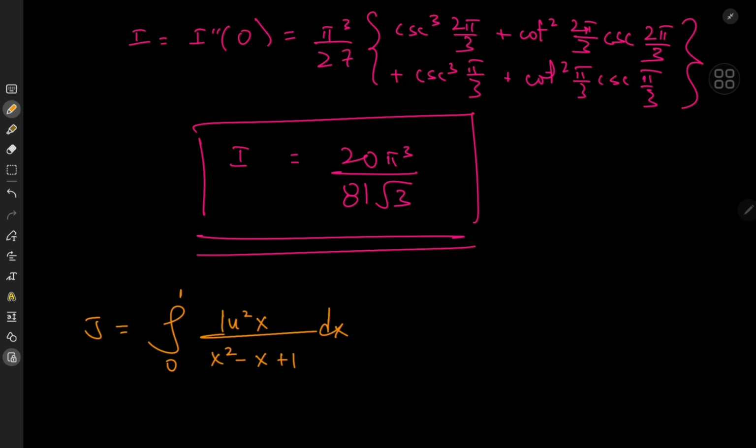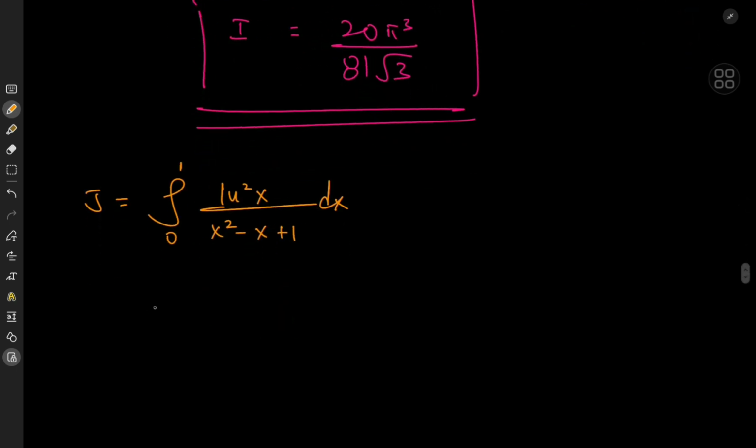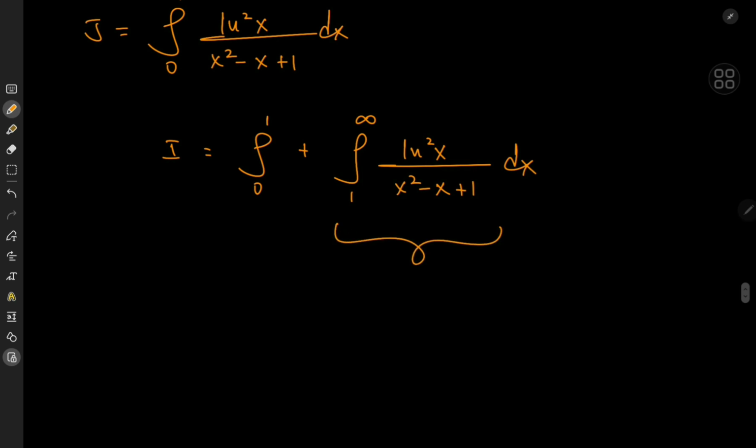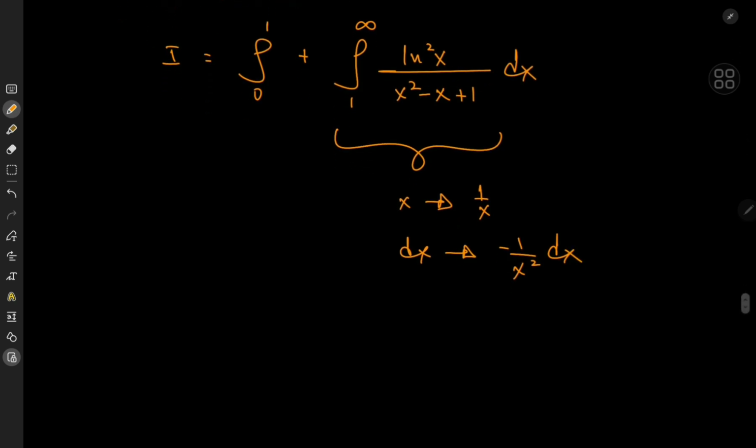So we can relate I to j using a nice transformation. So I here is the integral from 0 to infinity of log square x divided by x squared minus x plus 1 dx. We can write this as the integral from 0 to 1 plus the integral from 1 to infinity of log square x divided by x squared minus x plus 1 dx. And for this integral here, we perform the transformation x to 1 by x, which takes dx to negative 1 by x squared dx, and the limits would be 1 and 0 now.